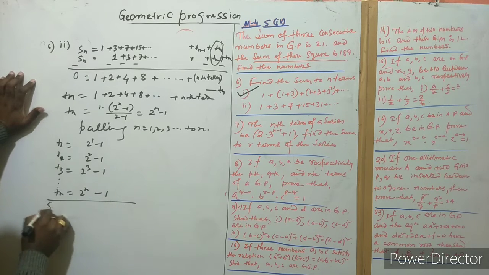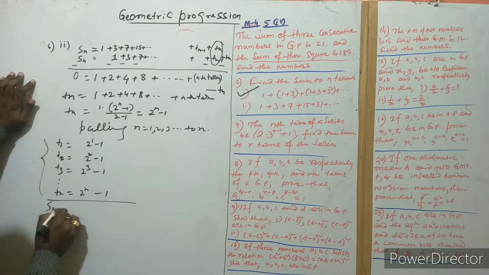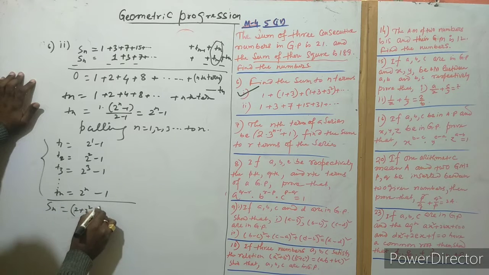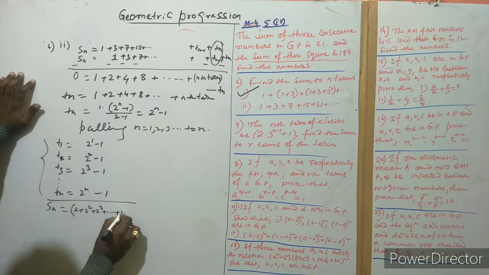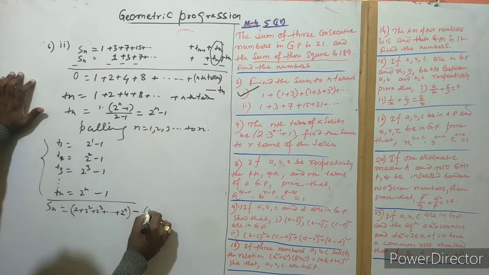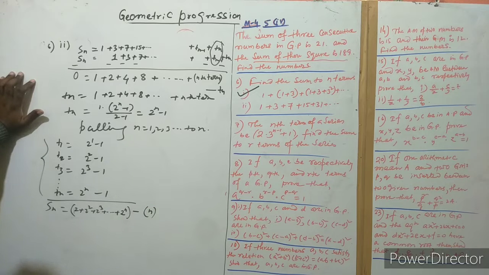So now add all this. Then we get Sn. First we get 2, this is 2 square, this is 2 cube, and this is 2 to the power n. And now 1, 1, 1, and this is n, the addition of all the 1s is n here. And see, this is the GP series, the first term here is 2, and the number of terms is n.